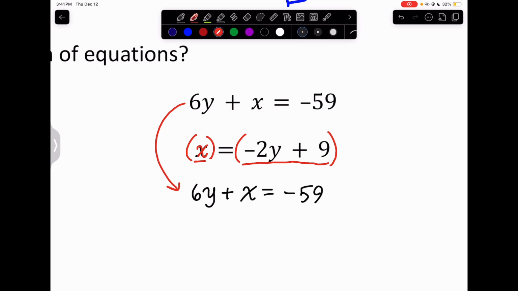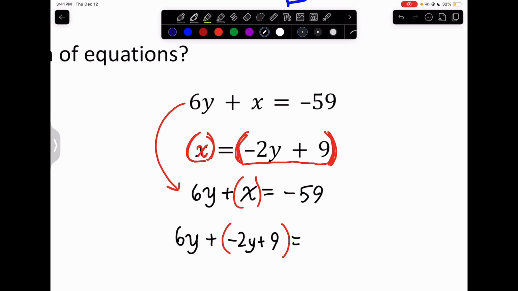But I know that I can replace x with this whole thing. So instead of writing 6y plus x, I'm going to have 6y plus negative 2y plus 9, still equal to negative 59. So this turned into this because those two things are equal.